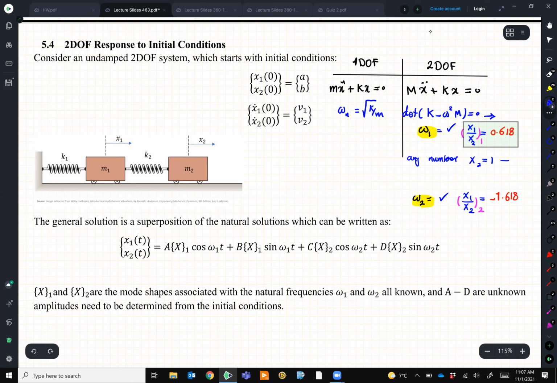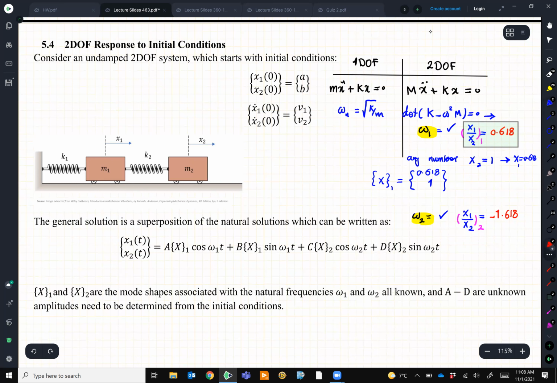So from here, I will find out x1 is 0.618. And what I will do, and I need more room, I will show this mode 1 as 0.618 and 1. This is what we will call mode 1.